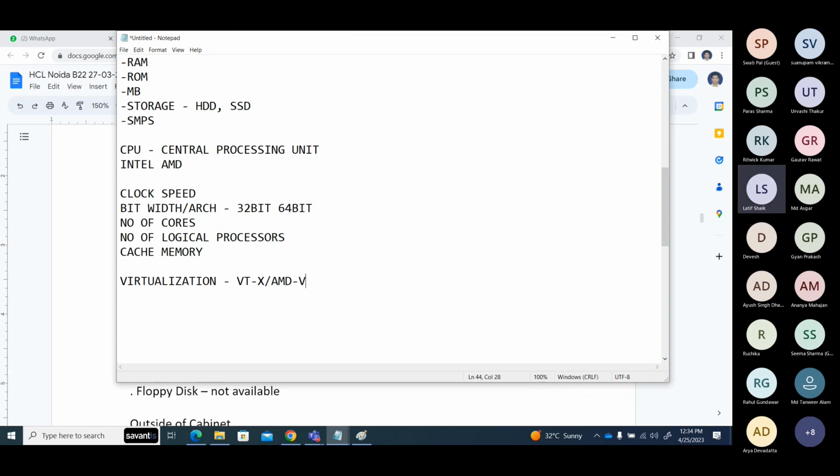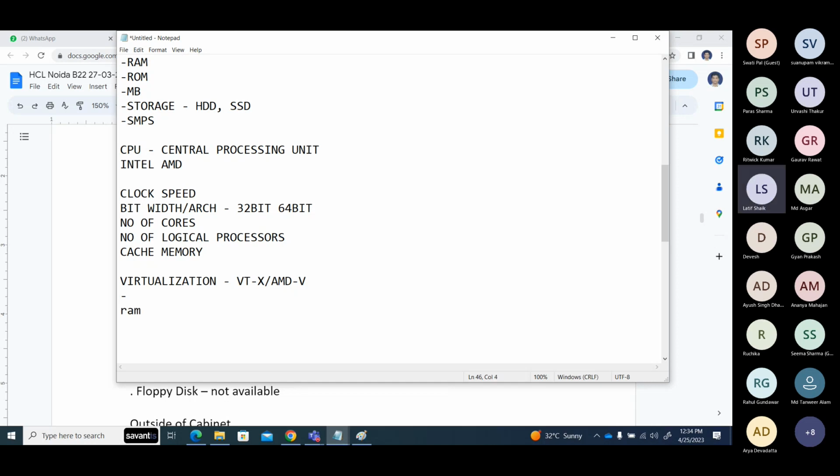Maybe you are not using VMware Workstation, Oracle VirtualBox or Hyper-V now, but you still need this feature inside your PC. We get this automatically with 64-bit processors nowadays. These are some points on the CPU.